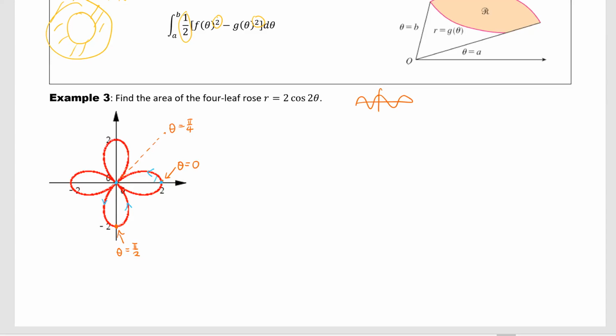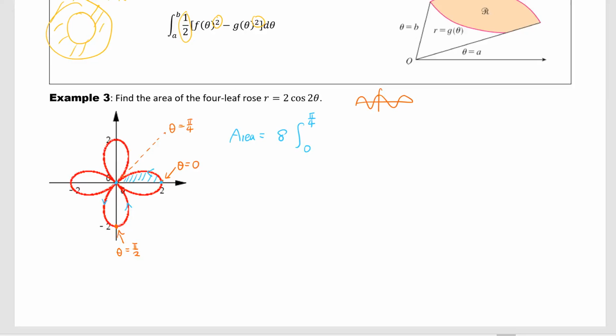So we can calculate the area of this blue area, these pieces, and then the total, how many copies of that? 4, 8. So 8 copies of that, right? So our area is 8 copies of the blue area. The blue area corresponds to the angle from 0 to pi over 4.